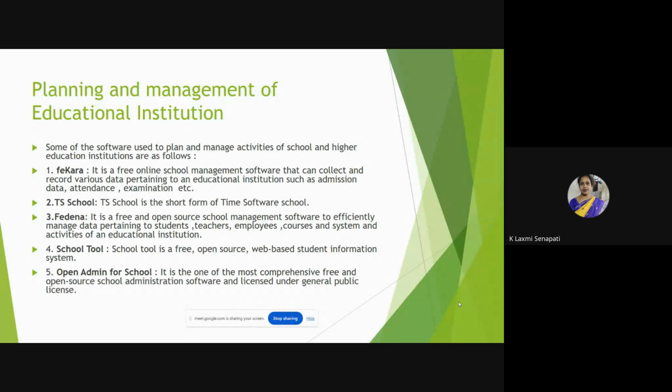Okay, so OpenAdmin for school. What is OpenAdmin? It is one of the most comprehensive free and open source school administration software, licensed under the General Public License.